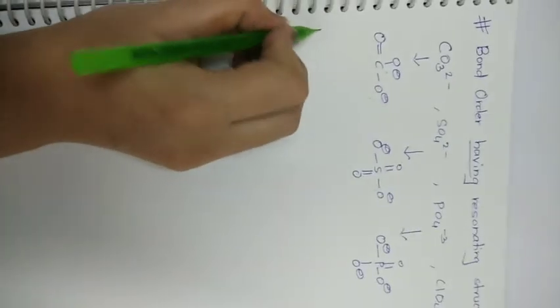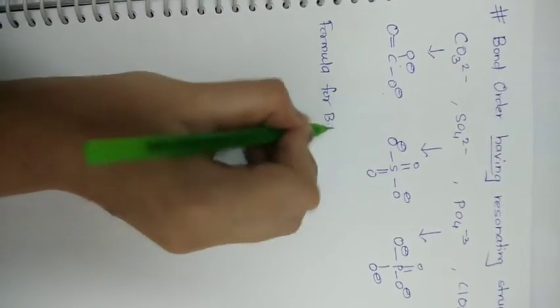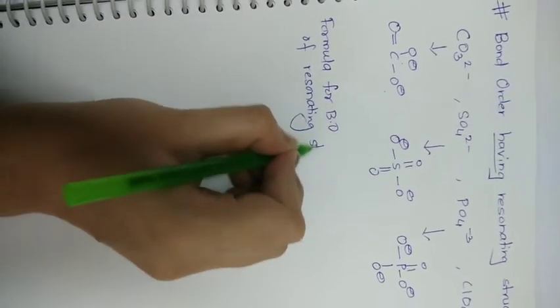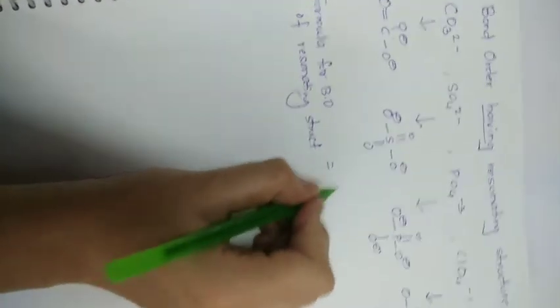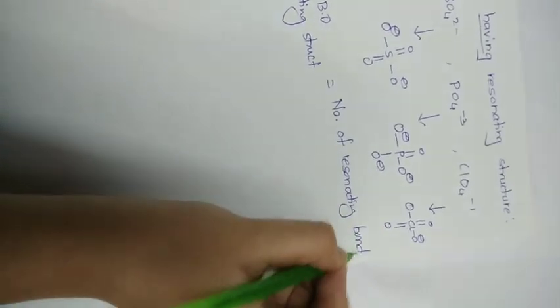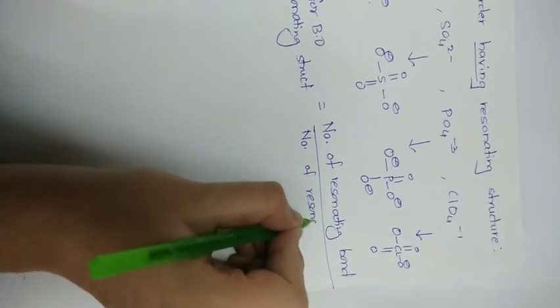Now comes the formula for bond order of resonating structures. What is the formula? Number of resonating bonds upon number of resonating structures.